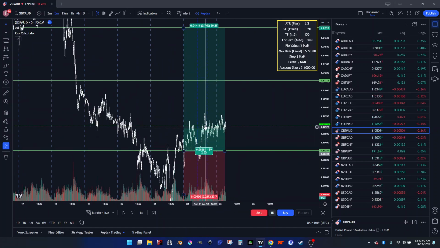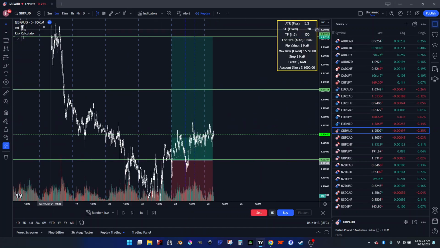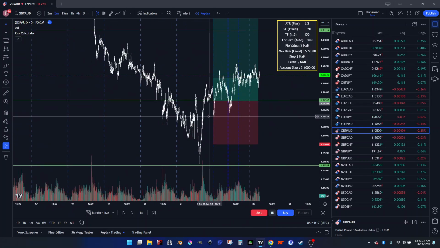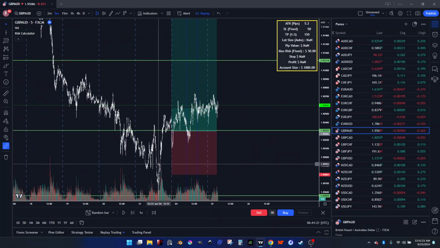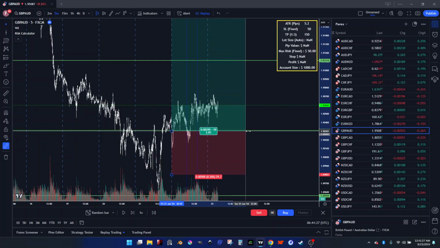It didn't really take off too much or go anywhere through the New York session. It is the GBP, so we would more or less have to look at London session for this. So let's see, London's at 12 when we should be sleeping. We didn't have too much last night.